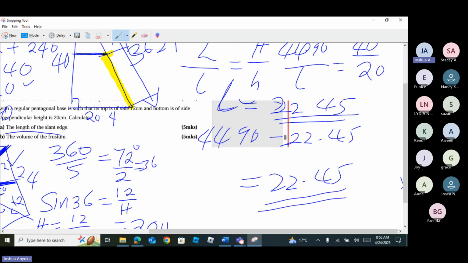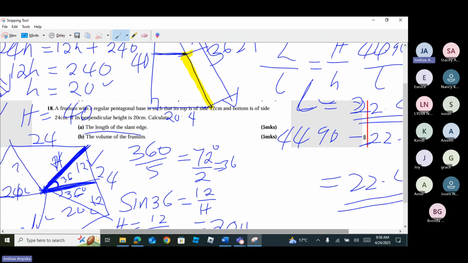So the length of the slant edge is 22.45. That is the length of the slant edge.